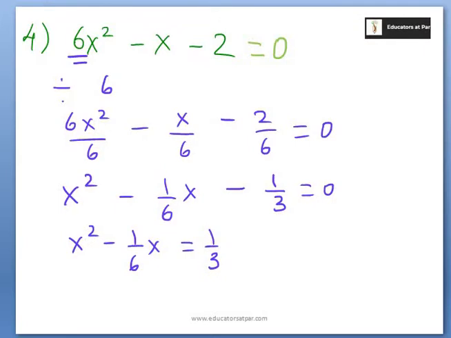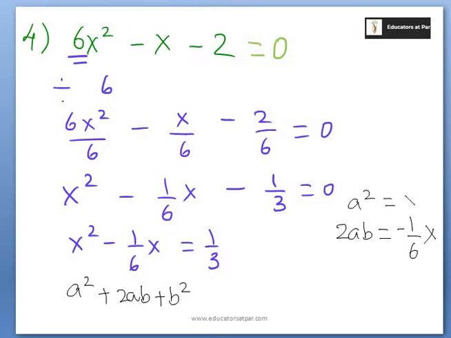Let us compare it with a square plus 2ab plus b square. 2ab is negative 1 by 6x and our a square is x square. So our a is x. So rearrange it. It's going to be 2 times x times. Okay, in this case it's a negative.